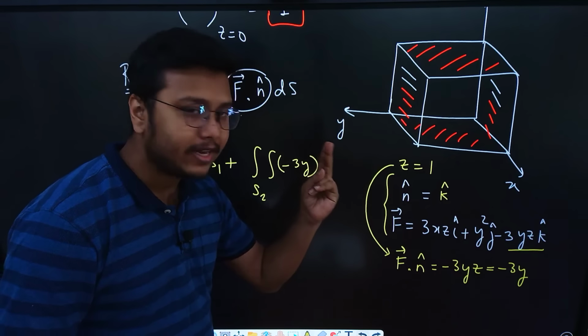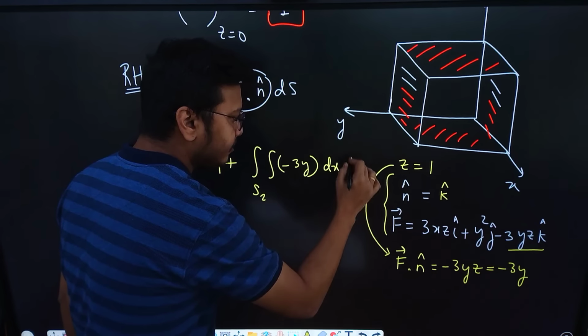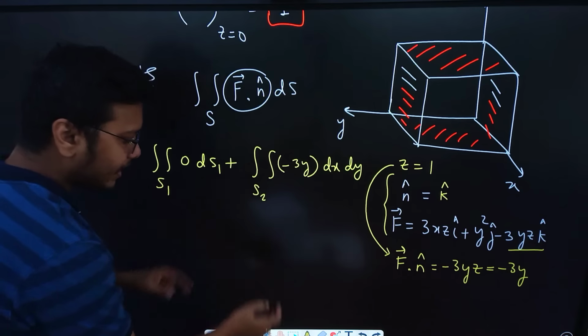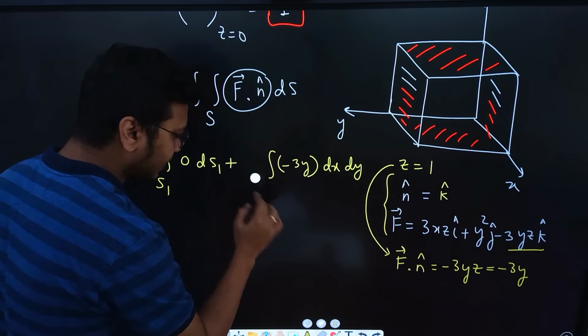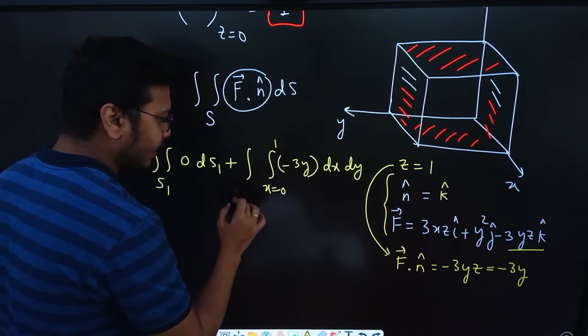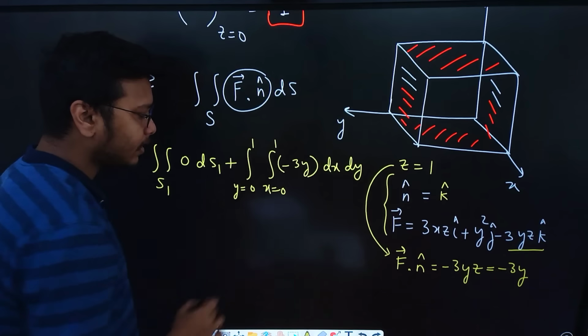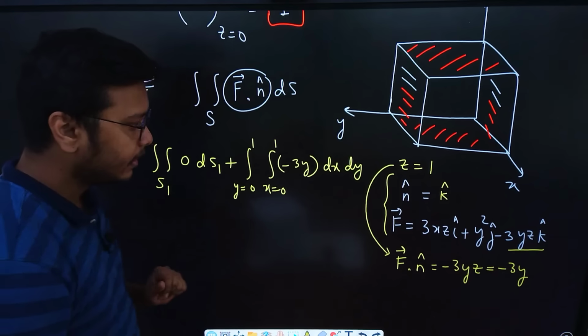So the remaining two variables are x and y. So we are going to have dx and dy, and instead of writing S2, it's better to write x varying from 0 to 1 and y varying from 0 to 1, because we have dx and dy, z has been fixed to 1, correct?